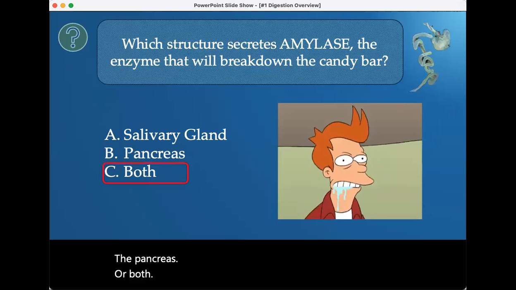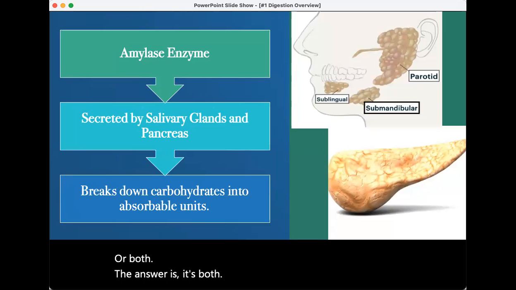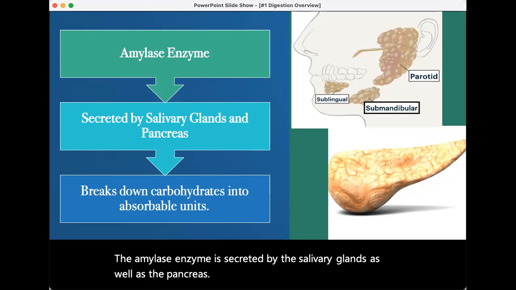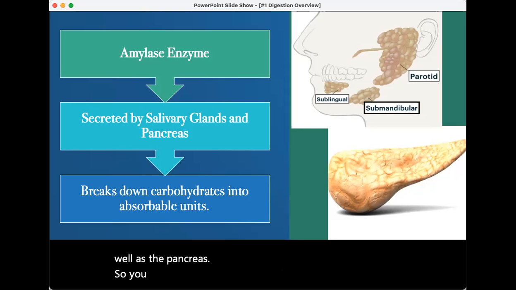The answer is it's both. The amylase enzyme is secreted by the salivary glands as well as the pancreas. So you start getting your glucose absorption early on.